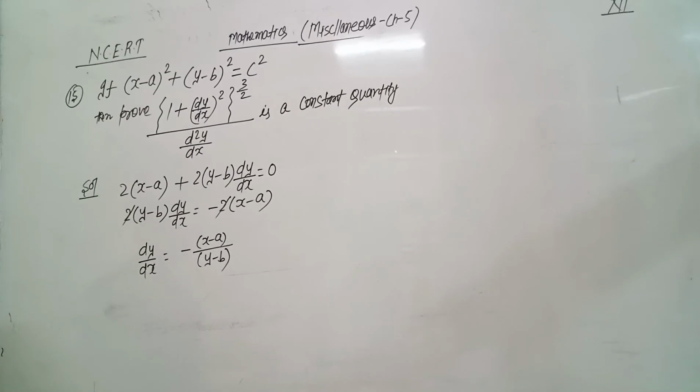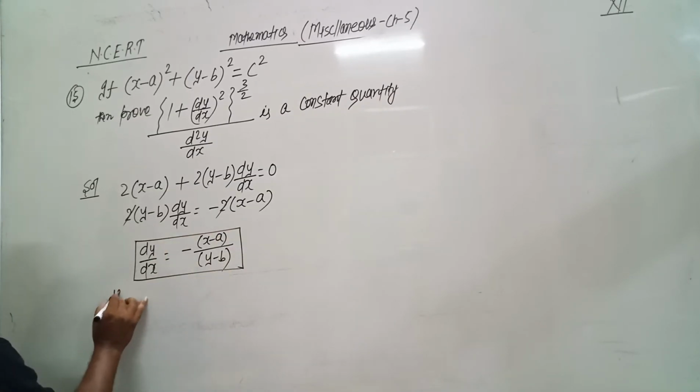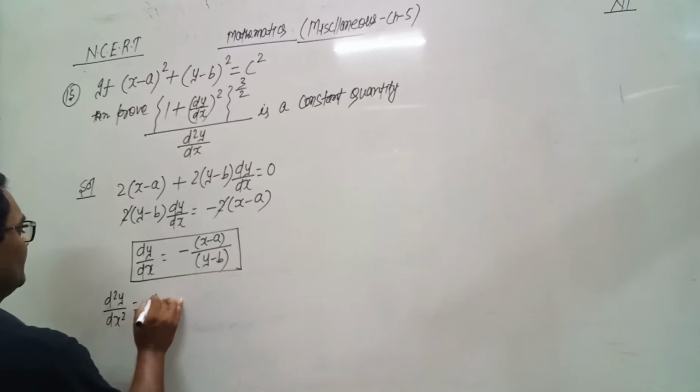So we get the value of dy by dx. Now it will be differentiated again, d2y by dx square. This will be differentiated in the form u by v.